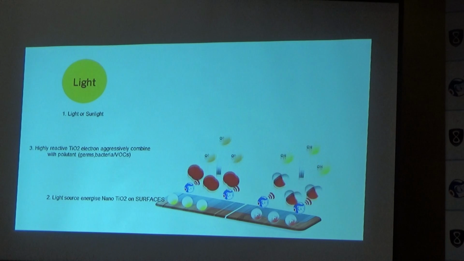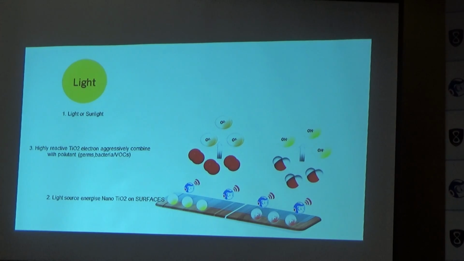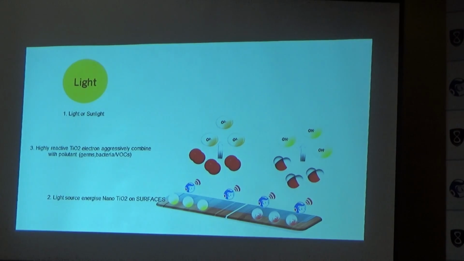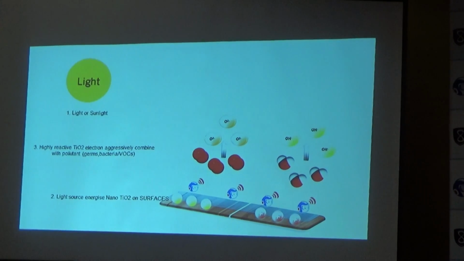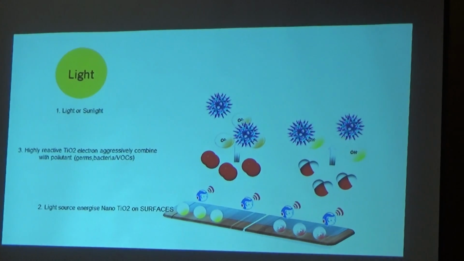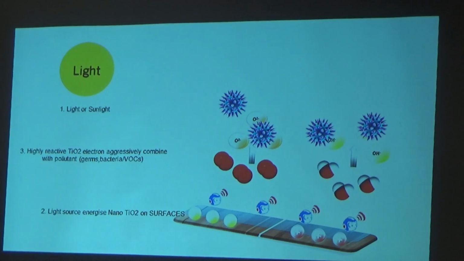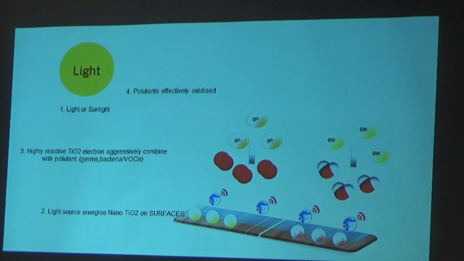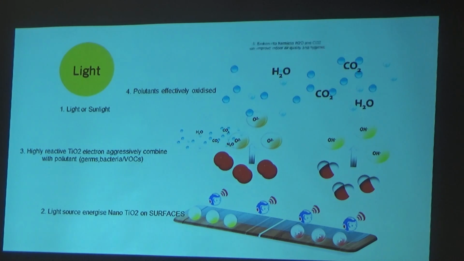Above the surfaces, you will have these hydroxyl ions and an oxidative process. When germs, microbes, viruses, mold, smell, VOCs try to penetrate this layer, they will be converted into H2O and CO2.